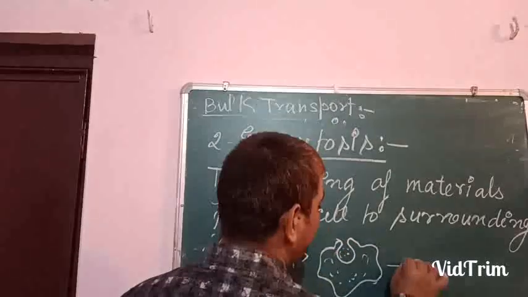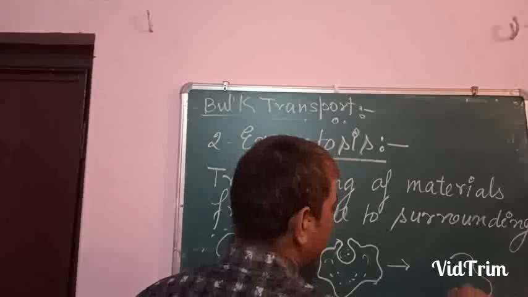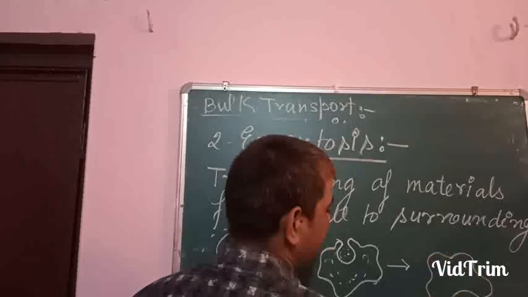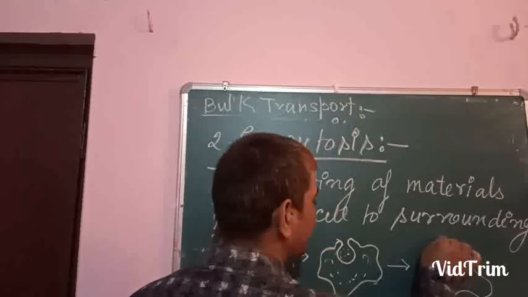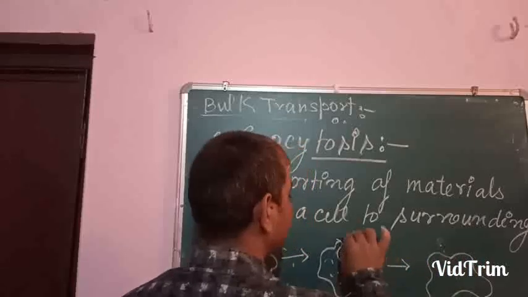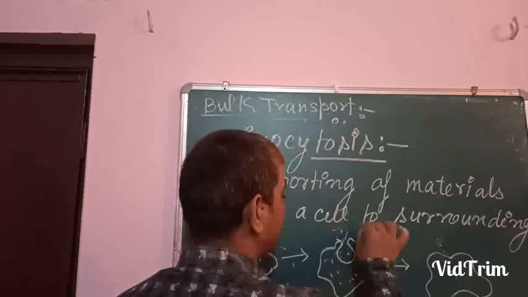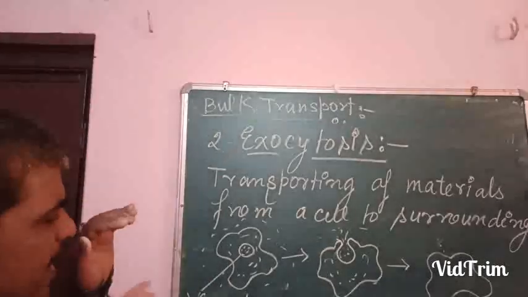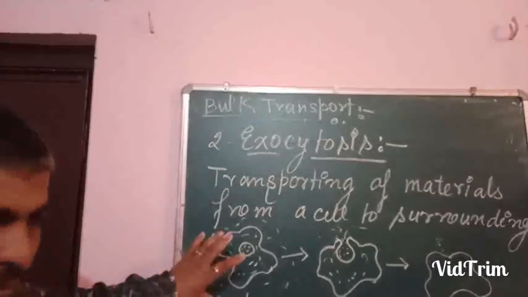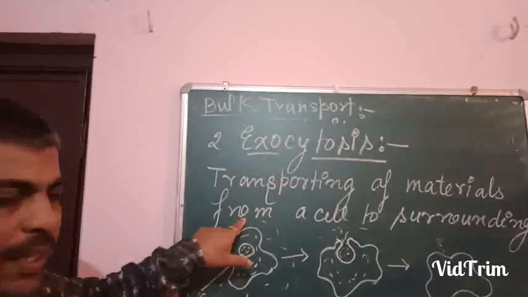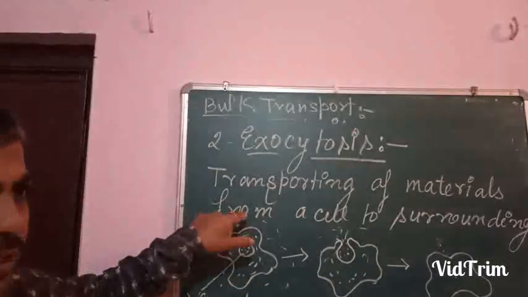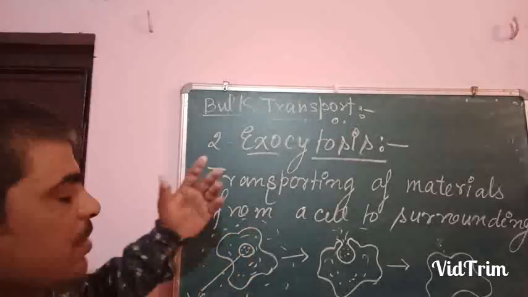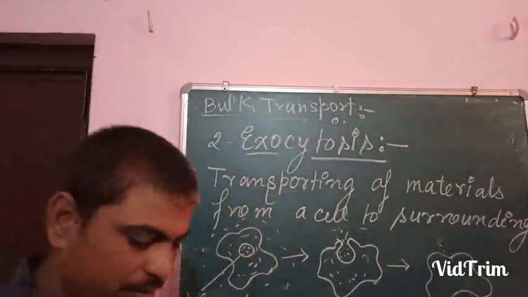In the next step, the amoeba becomes a complete cell again, and this material has been removed out into the extracellular fluid. So this is exocytosis. Throwing of material outside of the cell into the surroundings is exocytosis.